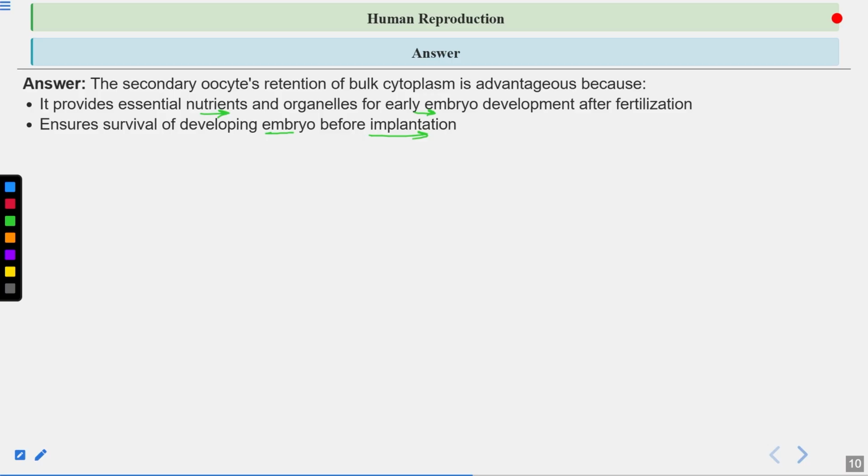So that's why the bulk of the cytoplasm in the secondary oocyte and then in the ovum helps ensure the survival of the developing embryo before the implantation. After implantation, the developing embryo can obtain nutrients from the uterine wall also.